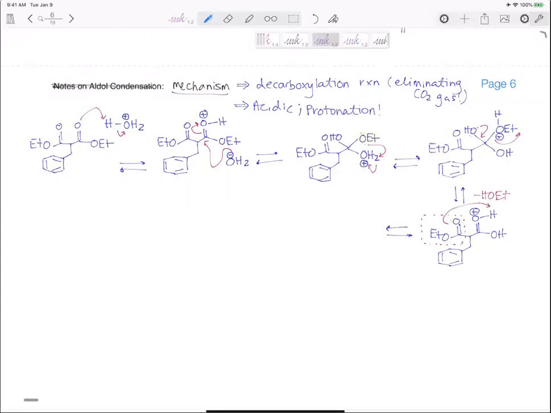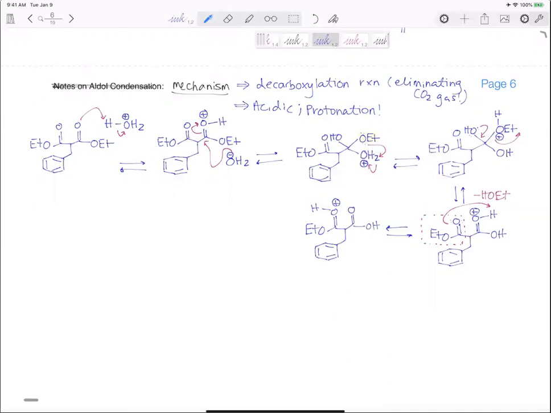That's why it's reversible, right? Because a lot of exchanges are going on. A lot of things can happen. So we have this here. So now this is a happy carboxylic acid. And this now becomes a good electrophile.